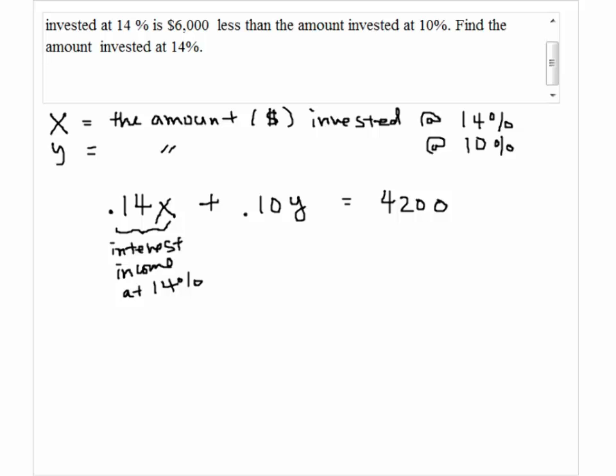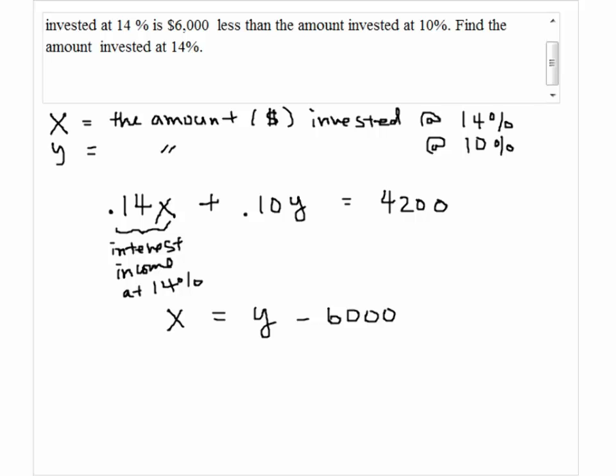The second equation is given by a comparison. The amount invested at 14% is $6,000 less than the amount invested at 10%. So we have an equation, which is X equals Y minus 6,000.